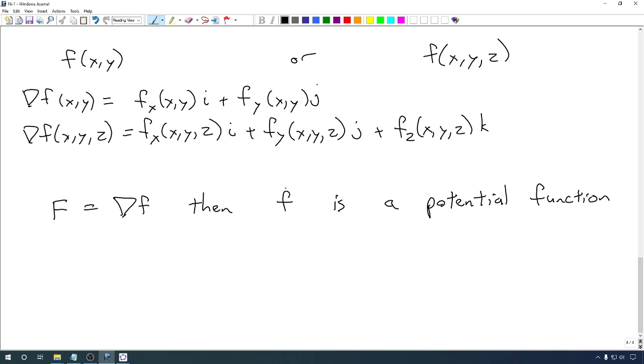We could take little f and add a number to it and it will not change its gradient. But basically, once we have a potential function, we know all the possible potential functions.